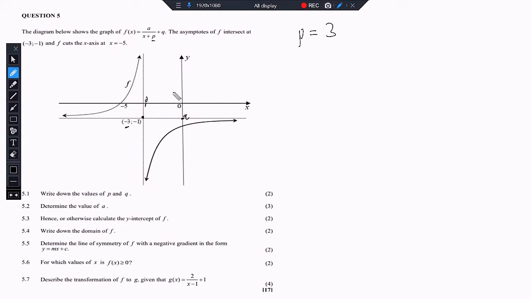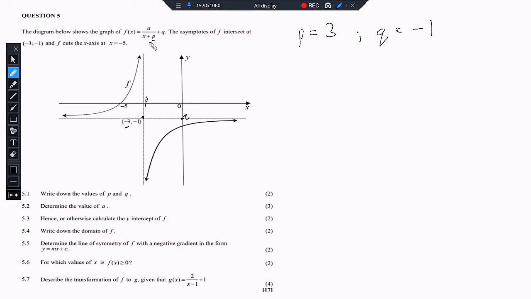To write our horizontal asymptote, you just simply write it the way it appears here. This will be represented by our y coordinate, which is -1. So that means q should be equals to -1. And for 2 marks, that's how you were supposed to write the values of p and q.